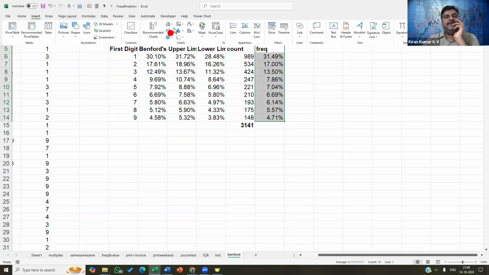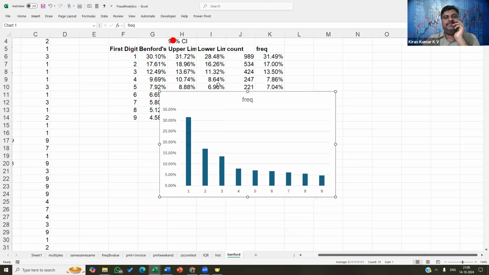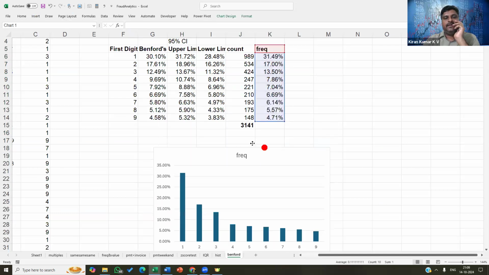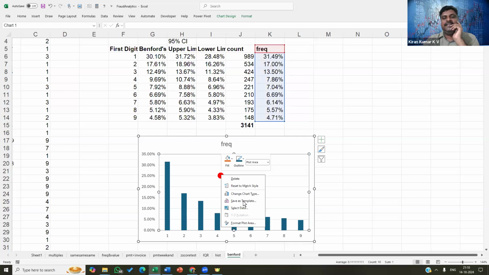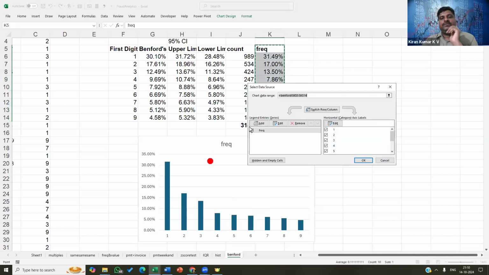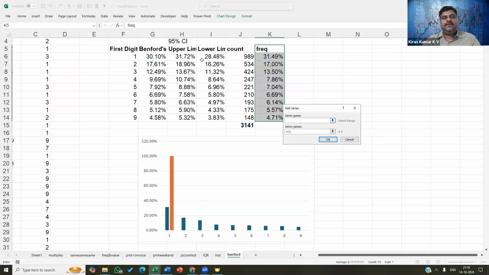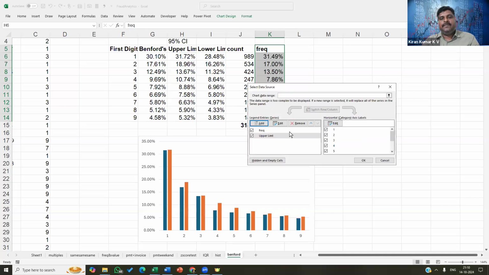Let's insert a simple column graph. All right, so these are my values. Now I will put the upper limit and the lower limit as additional series here. Let's add the upper limit, series values are this, click OK.